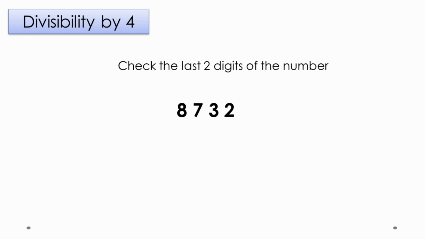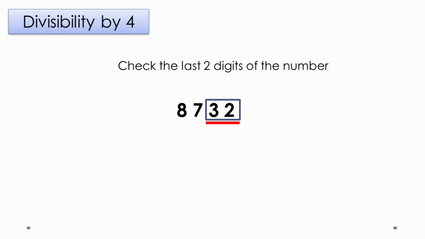To check the divisibility of a number by 4, we need to check the last two digits of the number. That is tens place and ones place. In order to understand it better, let's take a number 8732. We can see that the last two digits here are 3 and 2, and the number that we get from these digits is 32.